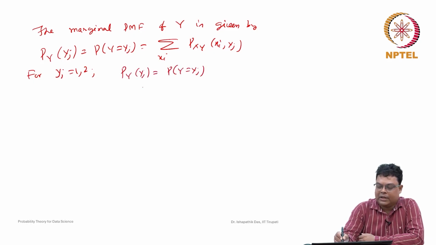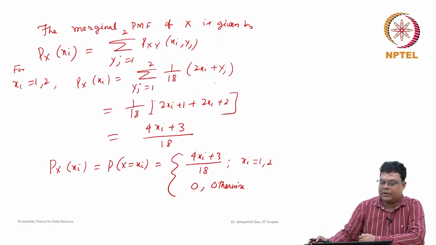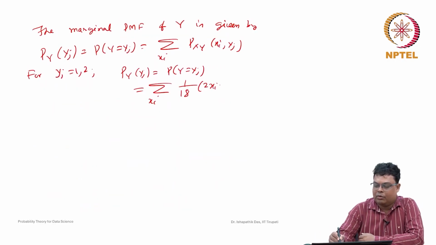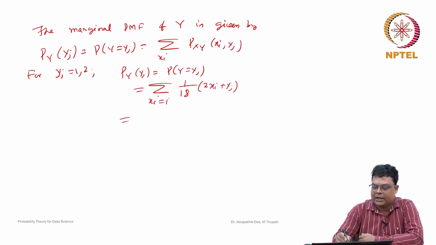This is the summation over x_i of 1 by 18 times (2x_i + y_j), the joint probability mass function. Now fixing y_j, whatever the value, x_i can take the values 1 and 2.